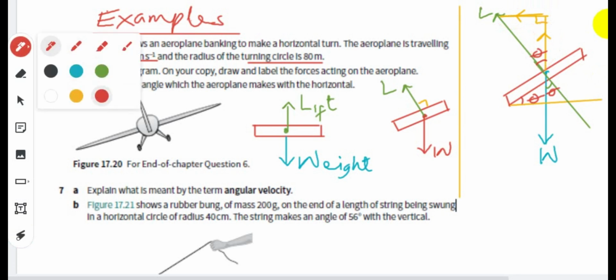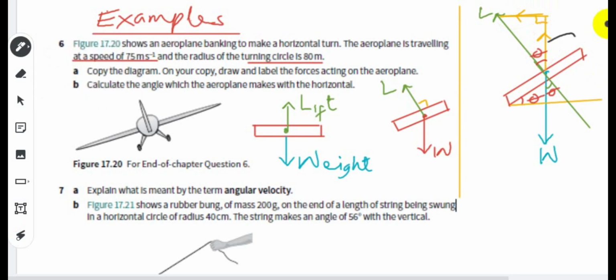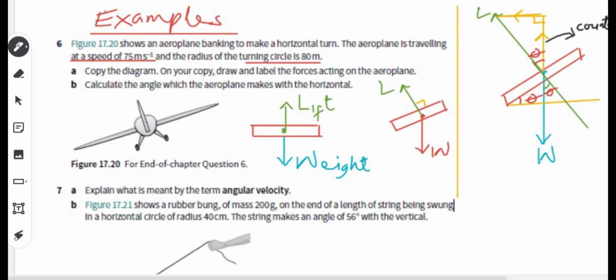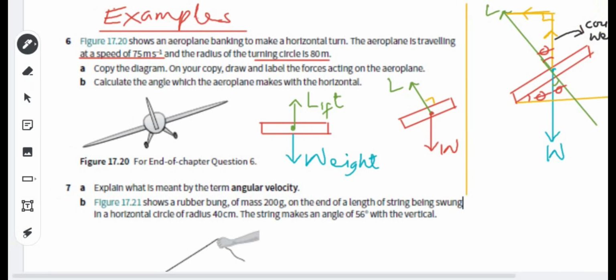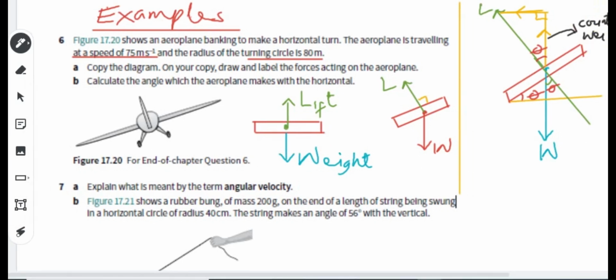Now, this particular component will counter the weight. So I'm going to show that this component counters the weight. I'm going to write that down. Counters weight. I'm exceeding my boundary for that notation, so I will just do it here.